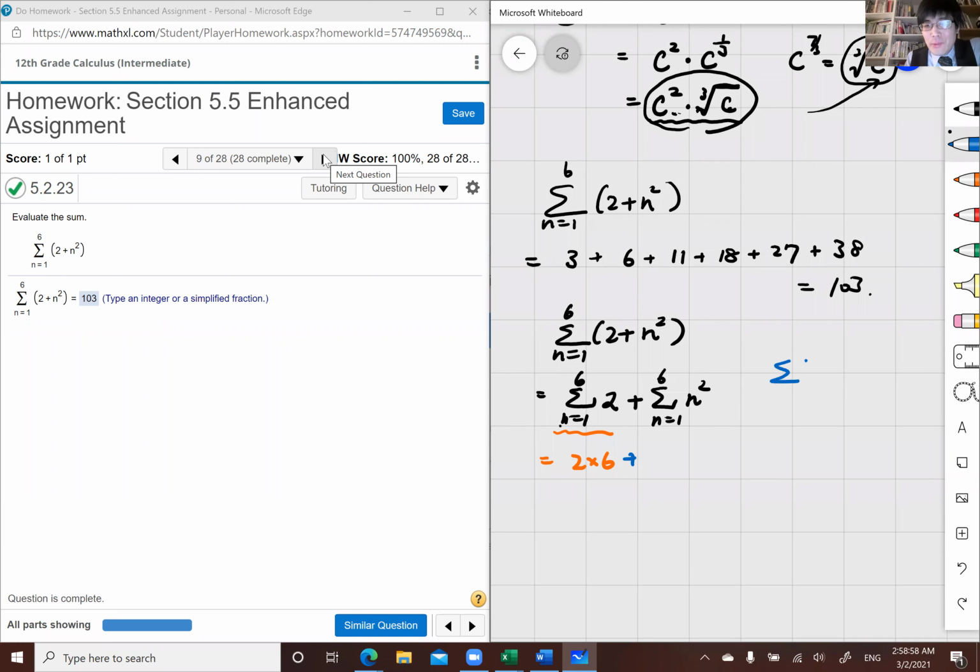If you remember the formula for it, that is n times n plus 1 times 2n plus 1, over 6. If you use this formula with n equal to 6, it's going to be 6 times 7 times 13 over 6. So that's going to become 12 plus 91, and that's going to be 103.